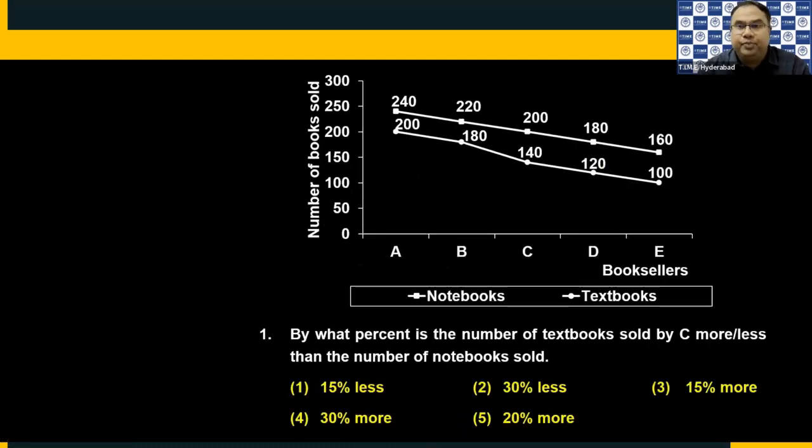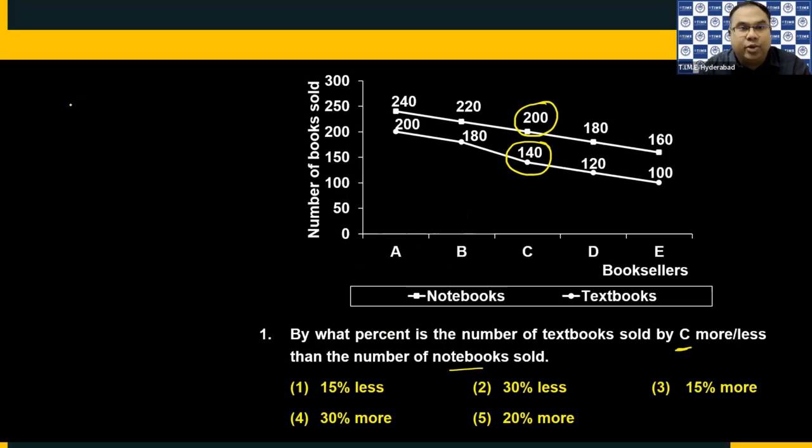The first question: by what percentage is the number of textbooks sold by C more or less than the number of notebooks sold? Textbooks sold by C is 140. The second line represents textbooks, the first line represents notebooks. Notebooks is 200. So clearly it is what percentage less?